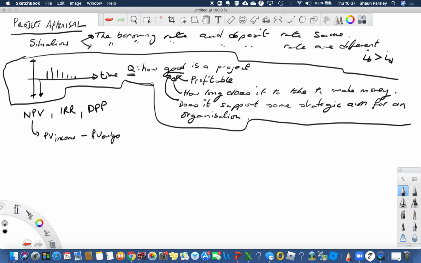So outgo here is how much it costs to purchase land, how much money you required at the start, and then income is how much income comes from the trading of the project, something like that. Now I want to put this down, so I just thought about this, all cash flows. I'll make reference to that in a little while.